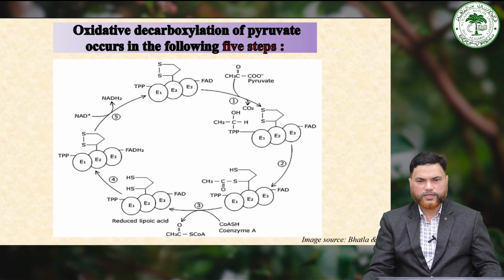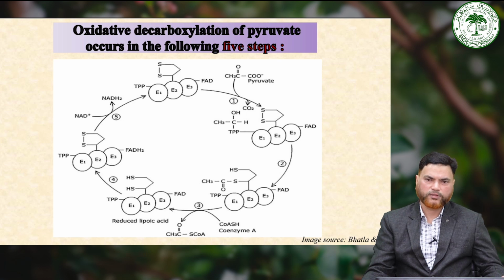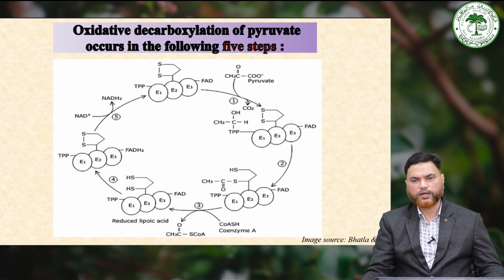Then reduced FADH2 could be reoxidized by the simultaneous reduction of NAD to NADH. E3 has the binding site for both FAD and NAD. As a result, the sequence of these 5 reactions, the net result of oxidative decarboxylation of pyruvate is the formation of acetyl coenzyme A, NADH and loss of carbon as carbon dioxide.